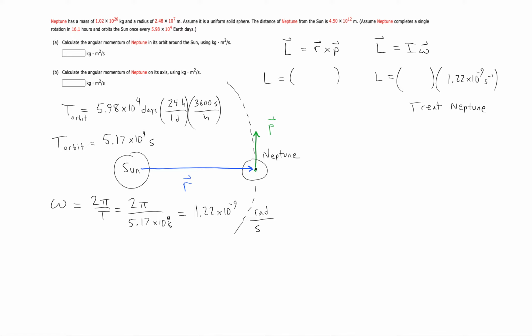It's rotating as if it's just like one point, just like a rock on a string. But that's only for this part of the problem. There's other parts of the problem where we would treat it as a sphere. So you'd use the formula mR squared then.